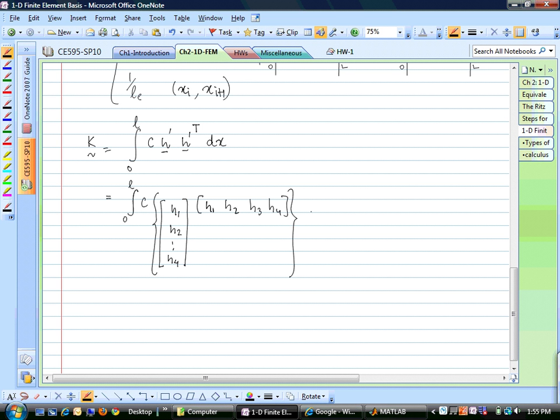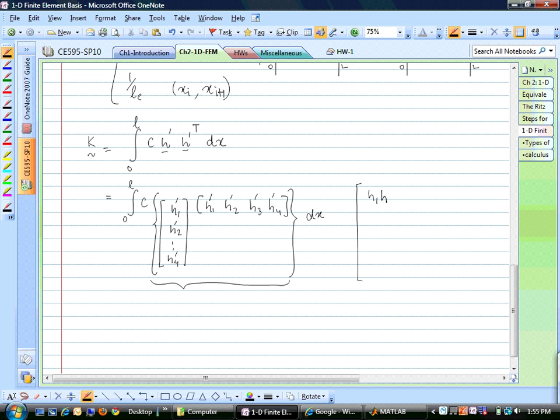If we multiply this out, we will get a 4 cross 4 matrix. So if we multiply this out, what we get is, I'm just talking about this integral now, so let me remove this equal to sign.